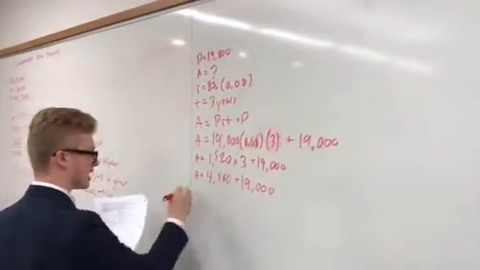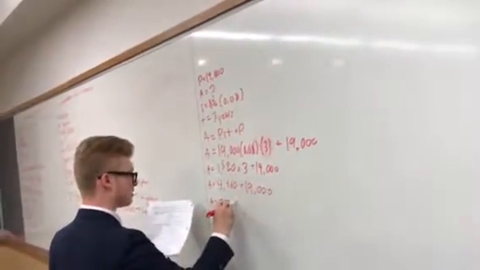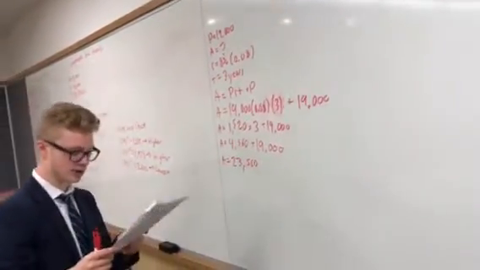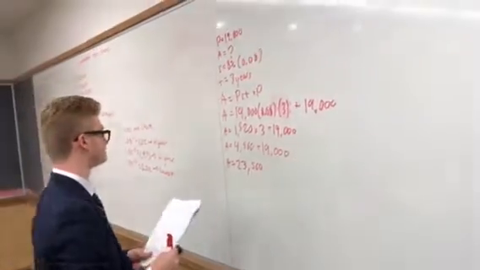Then to get your answer of A, you just add these two up, which equals 23,560. So therefore, she earns $23,560 in 3 years. That's for simple interest.